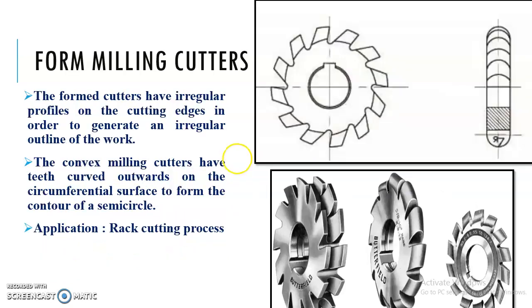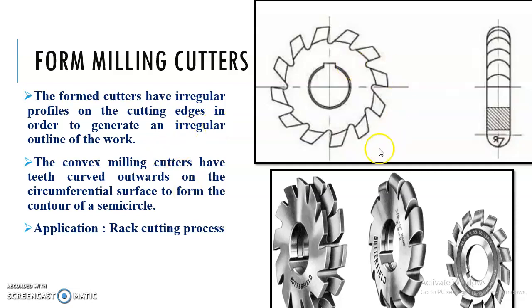Form milling cutters are specific cutters which are useful for producing irregular shapes on the workpiece. Basically, the basic application is producing a rack shape cutting process. With the help of this form milling cutter we can do that.